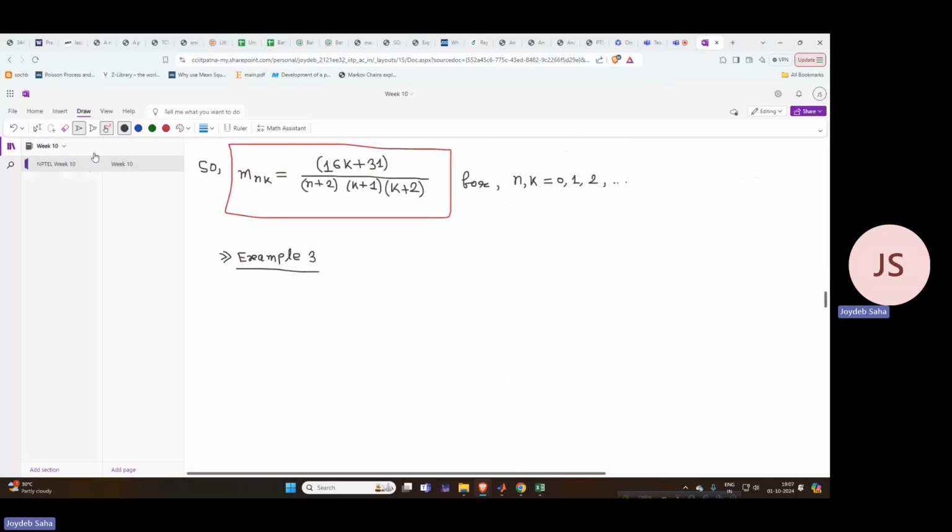Example 3 is: x and y are independent random variables.